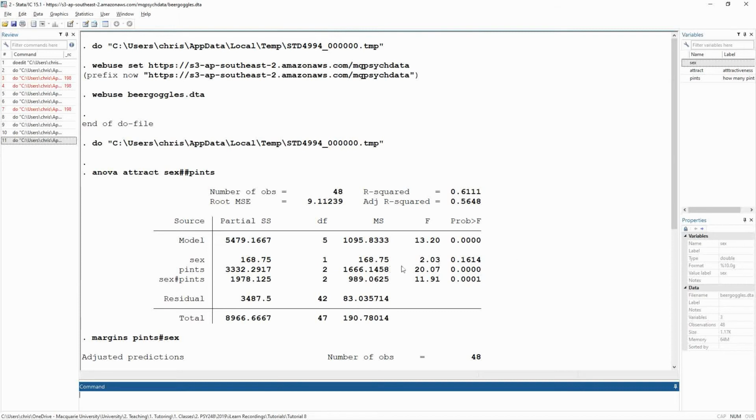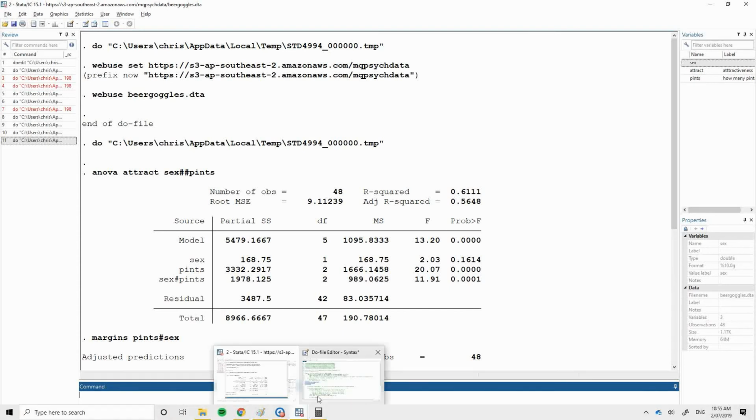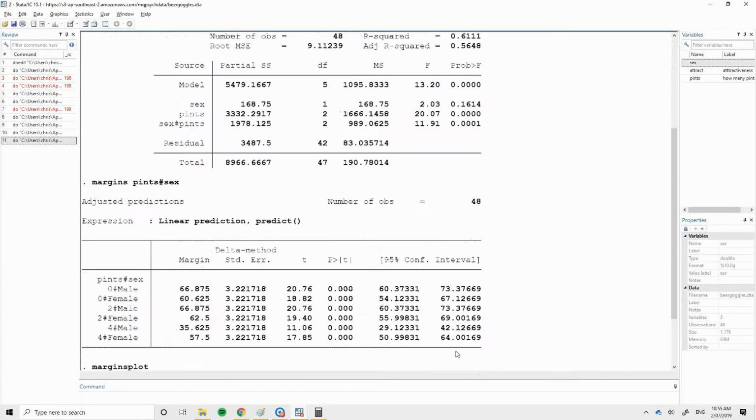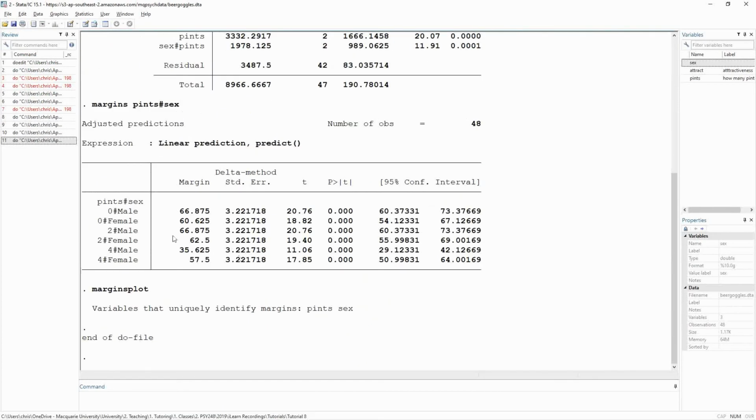That's how I would approach this if I had to write up some sort of conclusion, saying that, okay, yeah, it looks like there might be a main effect, but really there's a significant interaction, and that's what needs to be focused on. So that brings us up to speed. We also had our marginal means, which showed that at 0 pints for males it was 66.88, for 2 pints for males it was the same, but for 4 pints for males it drops off quite a lot.